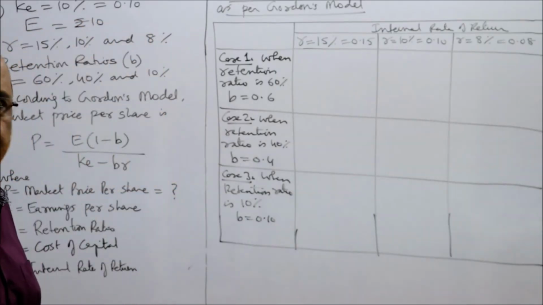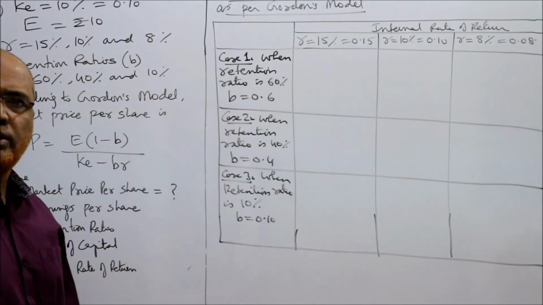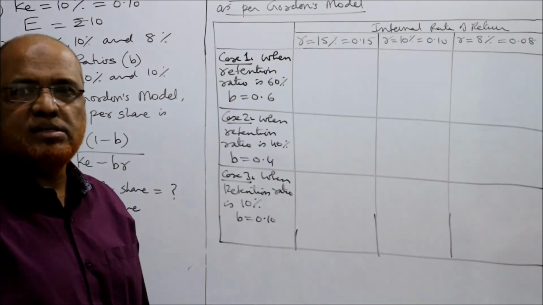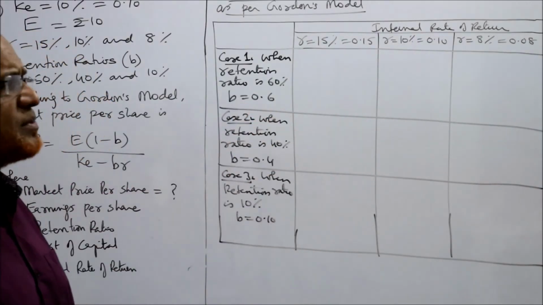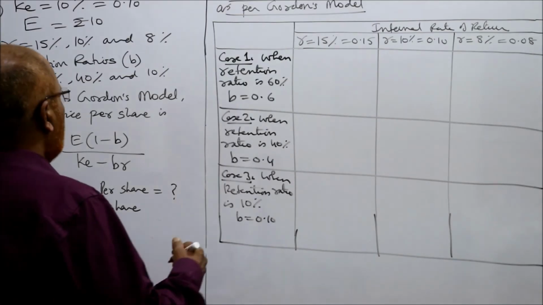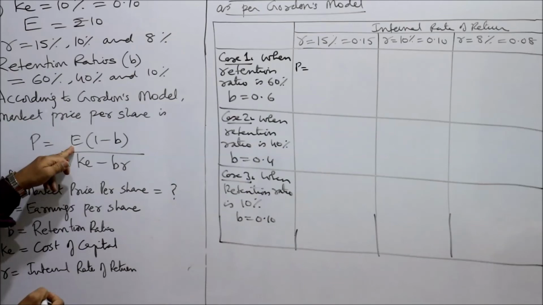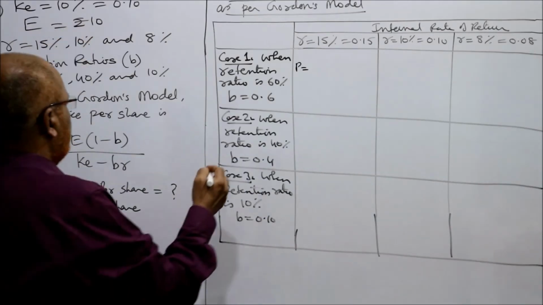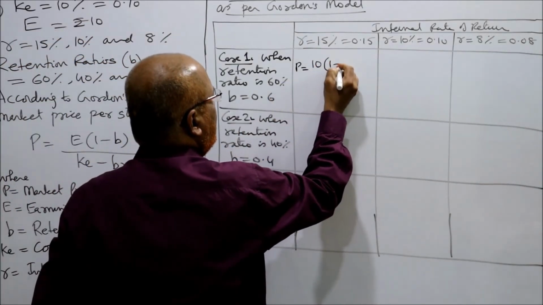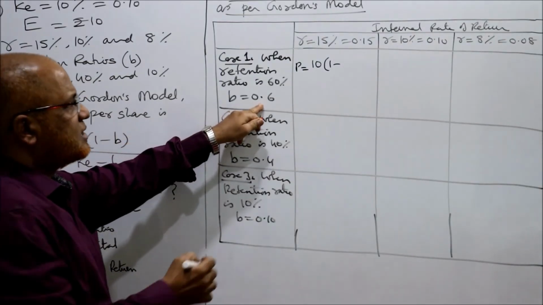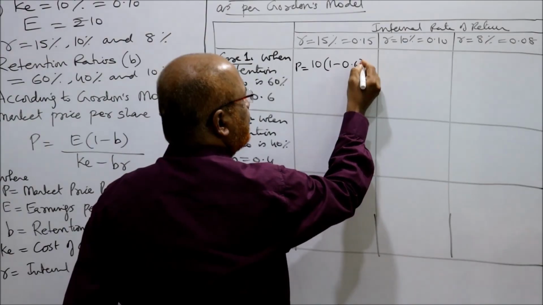That's all. In this table, we are going to calculate the market price per share according to Gordon's model. Simply we have to substitute in the formula. All the values we have. P is equal to E. E stands for earnings. How much is the earnings per share? 10 rupees. Into 1 minus B. B stands for retention ratio. How much is B? 0.6.